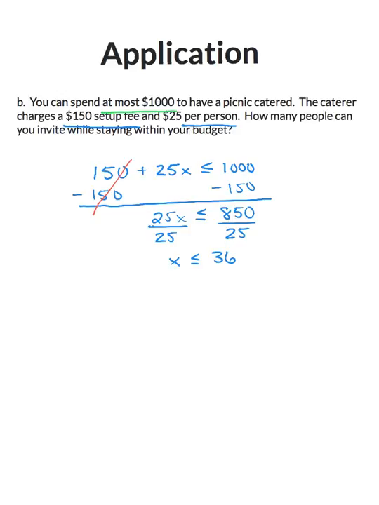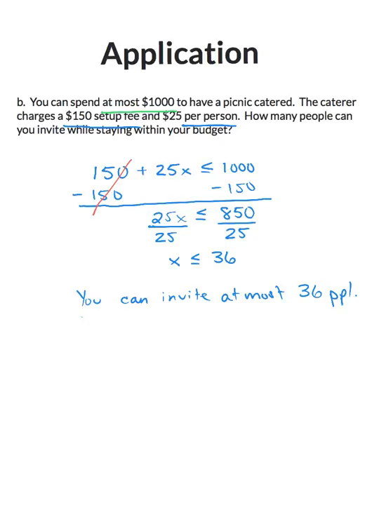So our interpretation: you can invite at most 36 people. Keep in mind you can invite less.